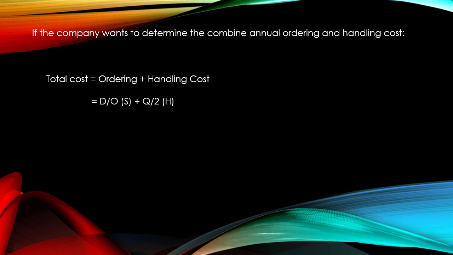For the ordering cost, I have D over Q times S, plus the handling cost, which is Q over 2 times H. So we have 1,000 over 200 times $10, plus the holding cost, which is 200 over 2 times $0.50. Total cost is $100. This is the combined annual ordering and handling cost.